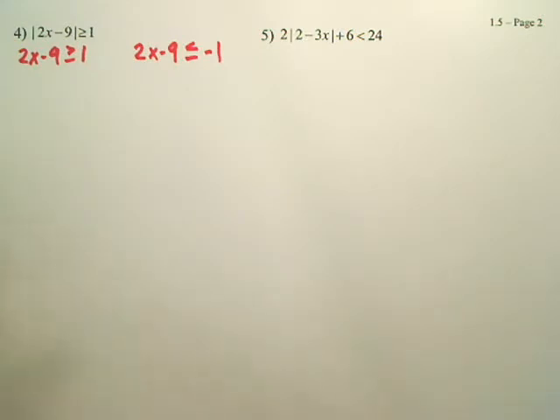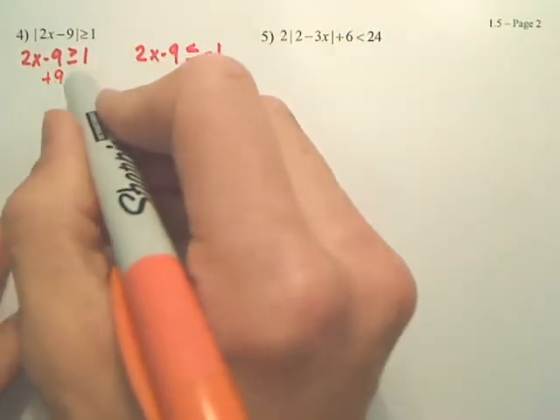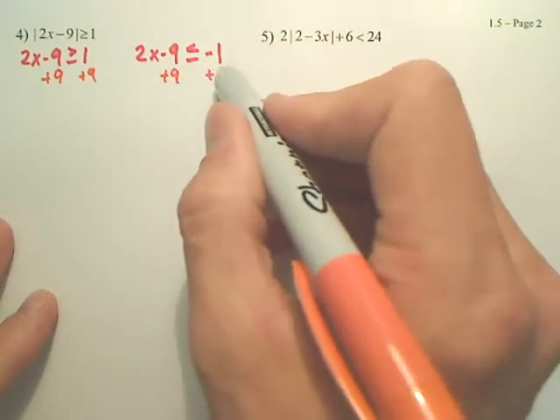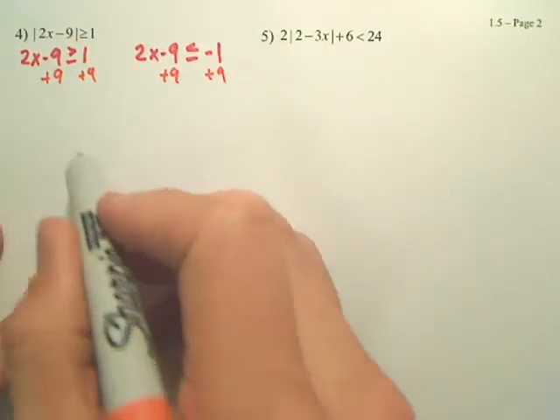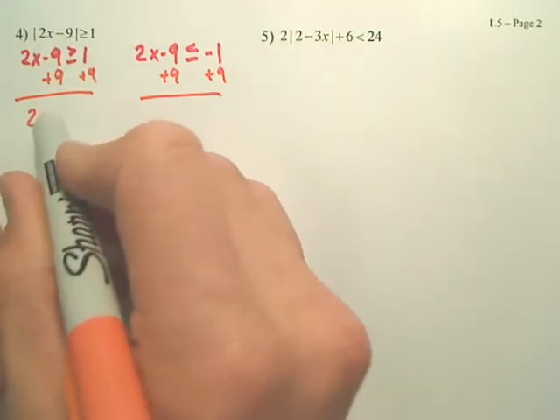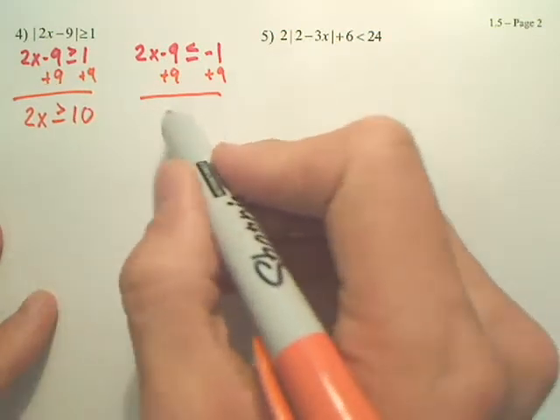Okay? And now we solve. So we're going to add 9 to both sides, for both of these. This one's going to be 2x is greater than or equal to 1 plus 9 is 10.